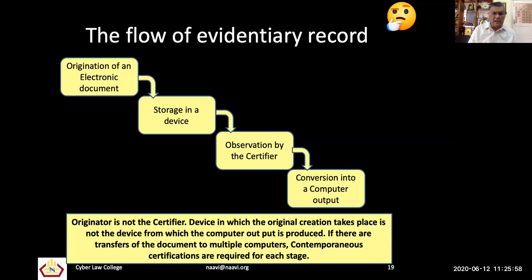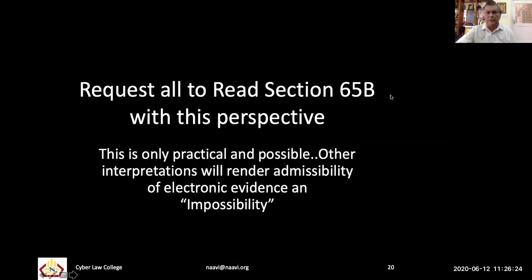Therefore, the originator is not the certifier. The device in which original creation took place is not necessarily the device from which the computer output is produced. And if there are transfers of the document to multiple computers in between, then contemporaneous certifications are required for each stage of the electronic document.